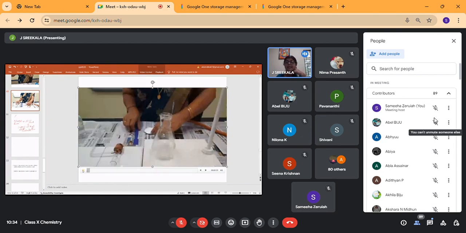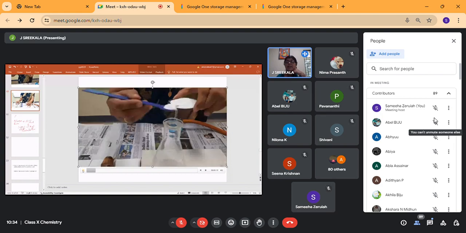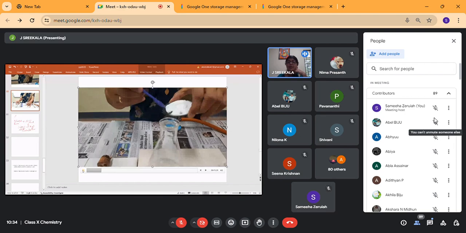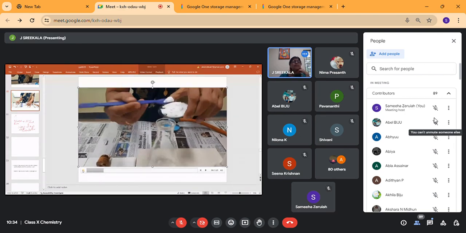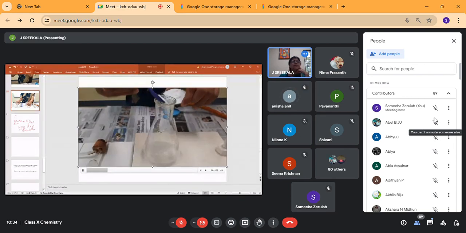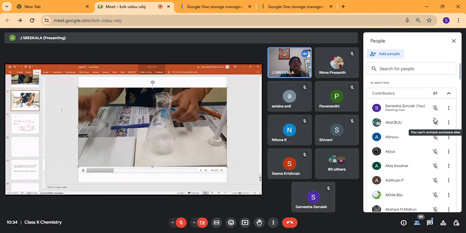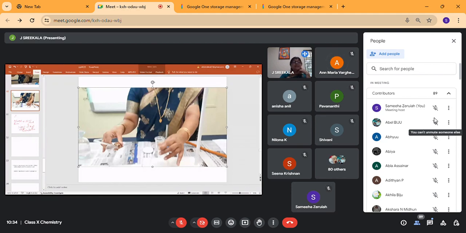I have taken a solid, sodium carbonate. What is the formula of sodium carbonate? Not CaCO3. Where is Ca in sodium carbonate? NaCO3?